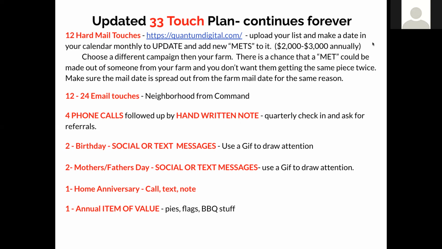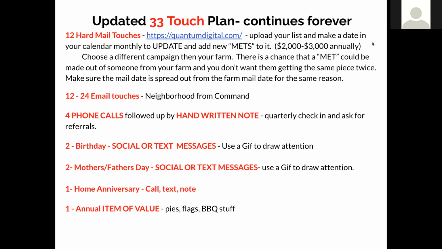Now, every year, without fail, they are going to be touched with all of these things by you. And it's going to be super easy because the majority of this is all coming through leverage, meaning through the mail program, through the neighborhood nurture, right?